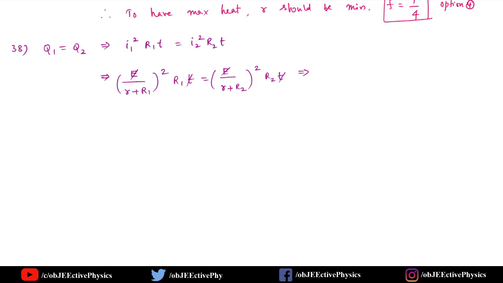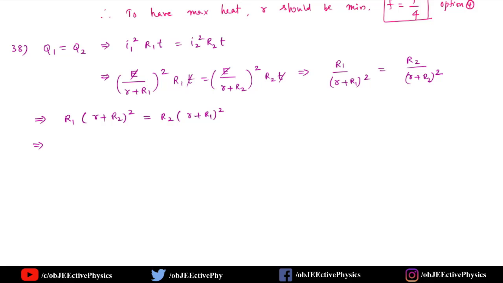So that implies R1 divided by (small r plus R1) whole square is equal to R2 divided by (small r plus R2) whole square. That implies, by cross multiplication, R1 into (small r plus R2) whole square is equal to R2 into (small r plus R1) whole square.